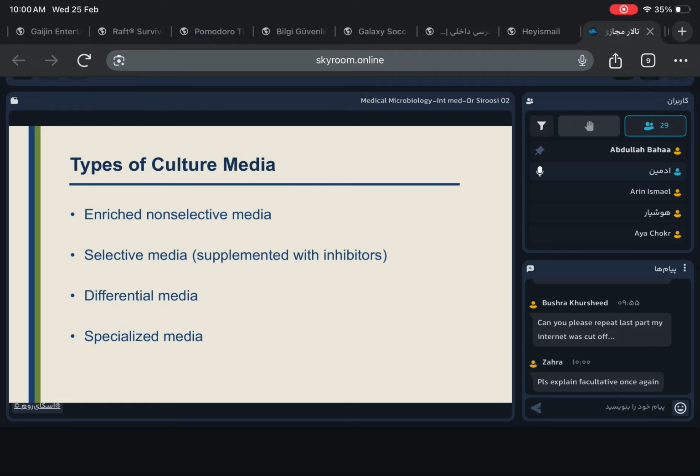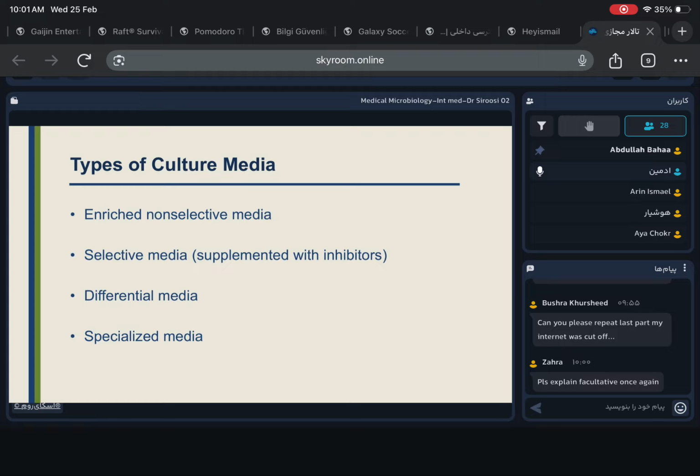So I told you that we have different types of culture media that we use in order to grow bacteria in the microbiology laboratory. And I told you that we can classify culture media based on their physical nature. And also, there are four types of culture media that you can see in this slide.